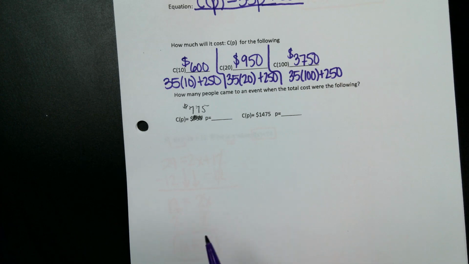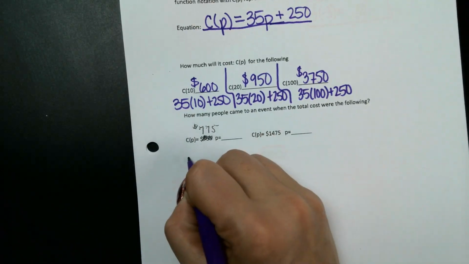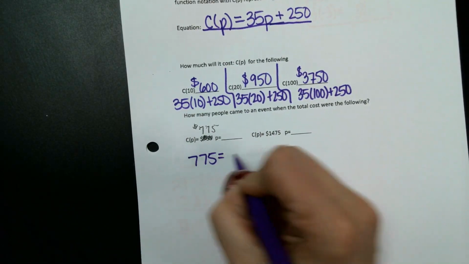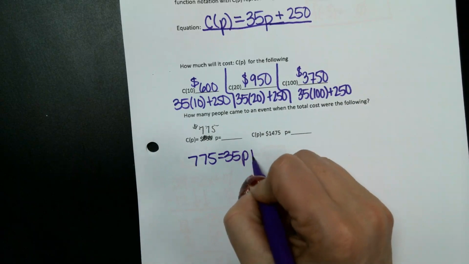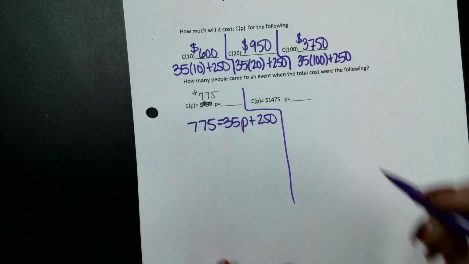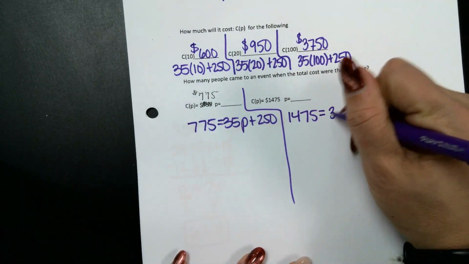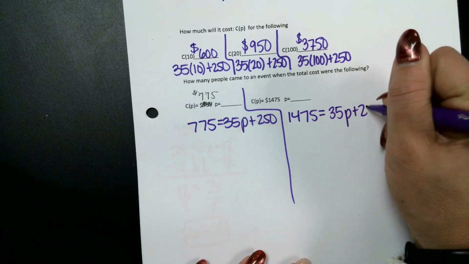That's not the number of people. That's the total. So it goes here, it goes out front. So it's 775 equals 35p plus 250. That's the two-step equation kind. Just like this one, it'll be 1475 equals 35p plus 250.